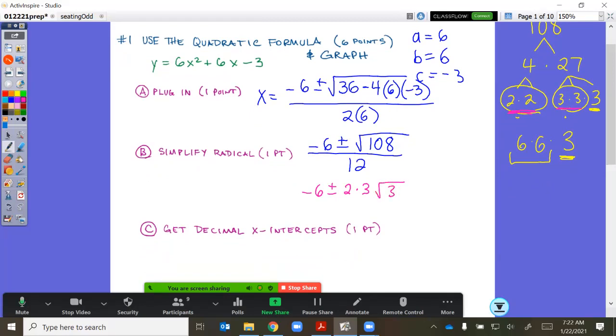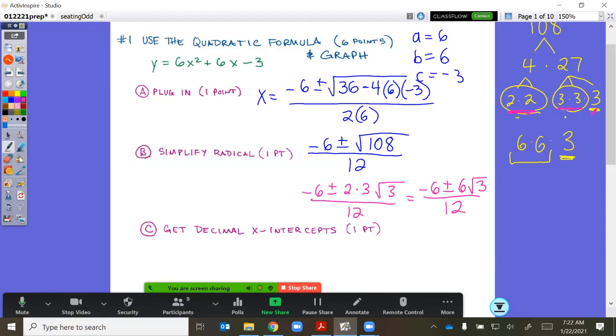But in the meantime, only the 3 is trapped inside. It has no pair. This third lonely 3 is trapped inside because it needs a buddy to leave. These guys have buddies to leave. So simplifying it would look like this: -6 plus or minus 6 times the square root of 3 over 12.